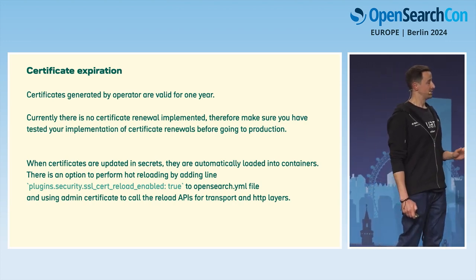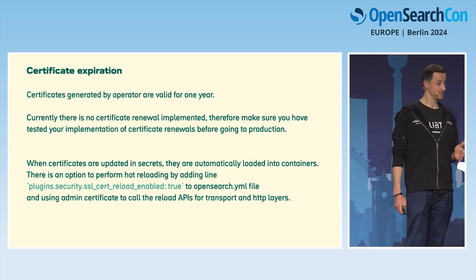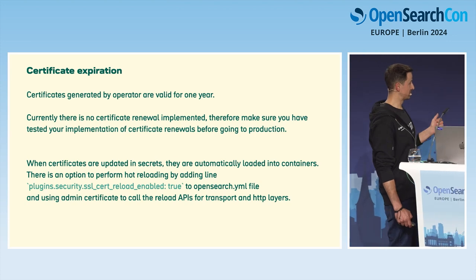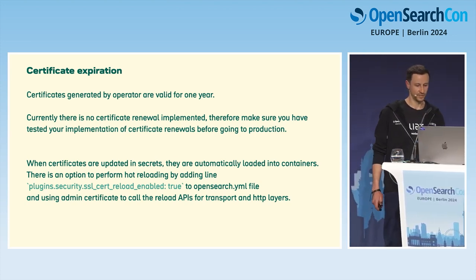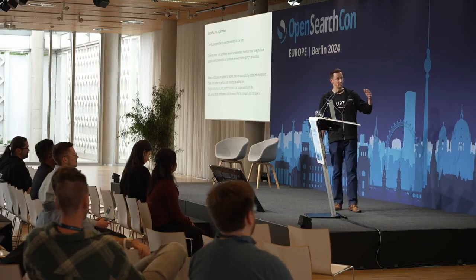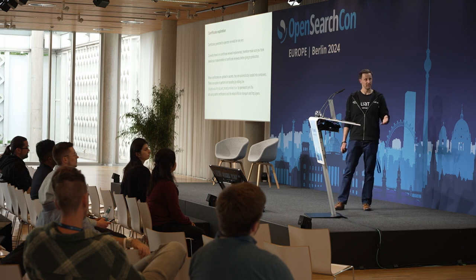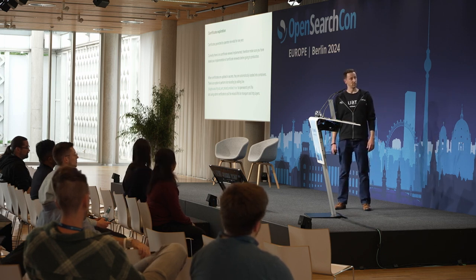Now, there is good news. You can reload them like we just did by simply adding that configuration. And if you delete a secret in Kubernetes, it gets regenerated by the operator, by cert-manager, by anything you're using, by Let's Encrypt. It will get recreated with the new date. So it's not much.